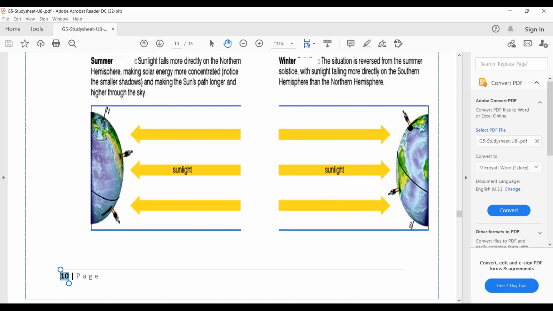So that makes the shadow in the winter longer. If you notice here, the shadow of this person is longer because it's winter, and longer here because in this part there is winter. But here the shadow is shorter because it's summer, and the sun rays fall perpendicular or directly, and here in the summer, in the south part, the sun rays fall directly, so the shadow is shorter.